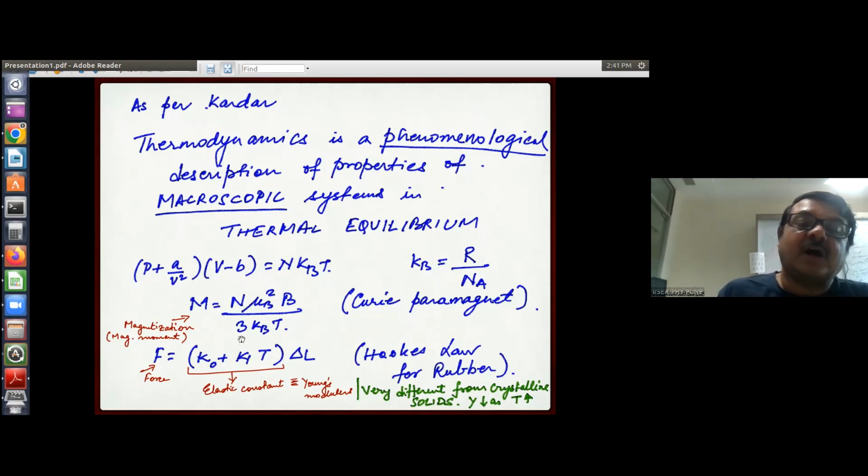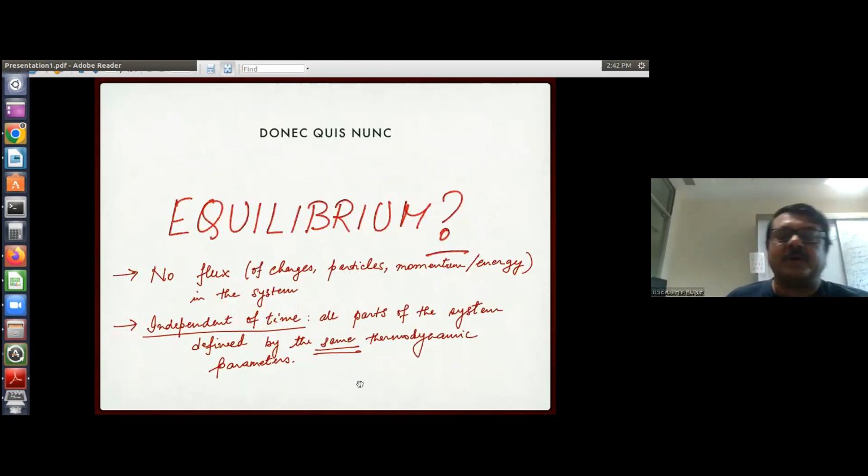But of course, how these relations arise from more microscopic origins will be the scope of statistical mechanics. But at the moment, I want you to note that this is like an equation of state beyond your PV equals nRT, right? Because that you must have seen since your class 11 and 12 and so on.